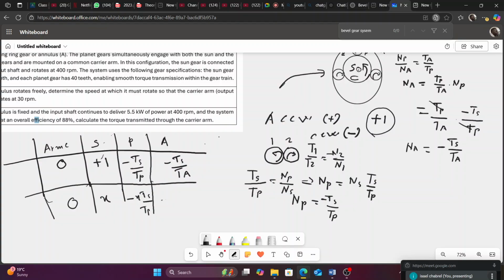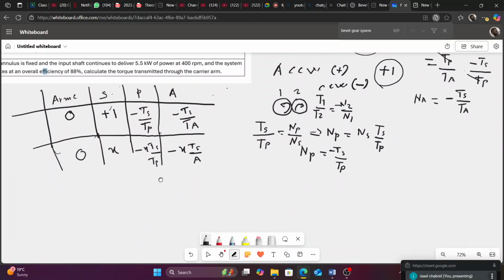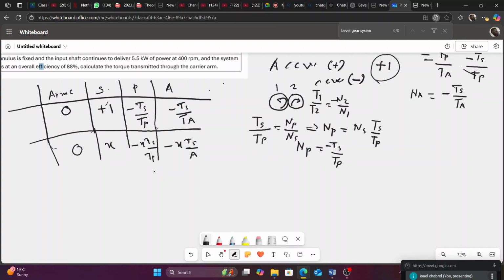X times this gives minus x TS over TA. Now this is what is happening. You can see the step, what they write there, but it's repetitive, it's the same thing. You always have to have the y revolution.